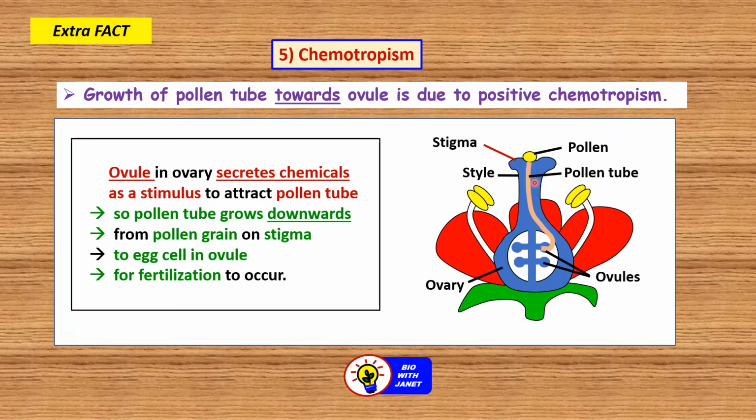As it grows, the pollen tube will grow downwards in the direction of the ovules, which contain the female gamete called the egg cell. Now, how does the pollen tube know how to grow downwards to the ovules? This is because the ovule in the ovary here secretes chemicals as a stimulus to attract this pollen tube.